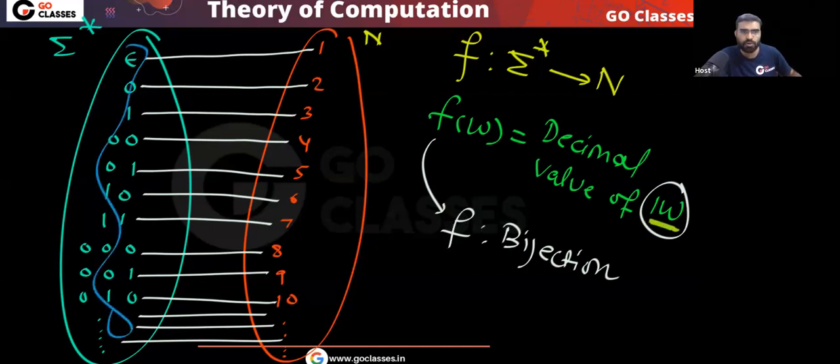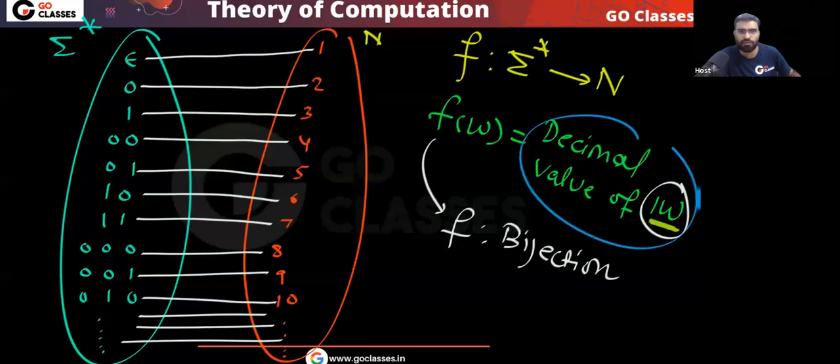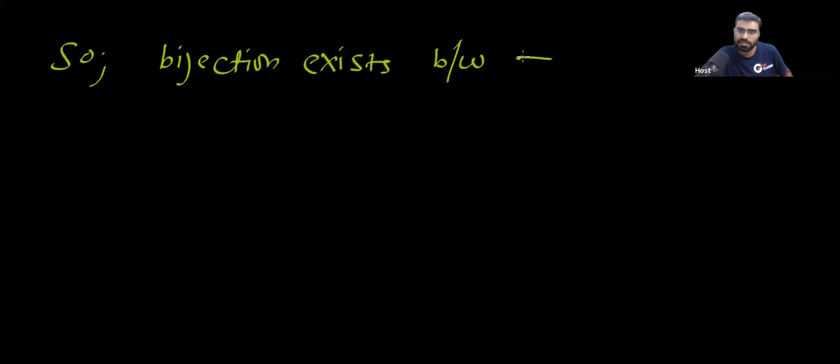For every w, the image will be the decimal value of 1w. So a bijection exists. We have created a bijection between sigma star and natural numbers. Yes or no?